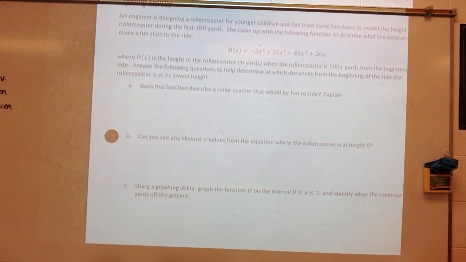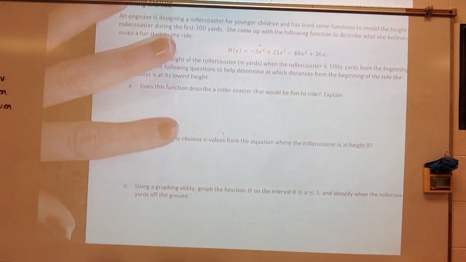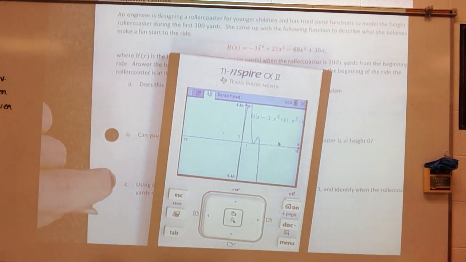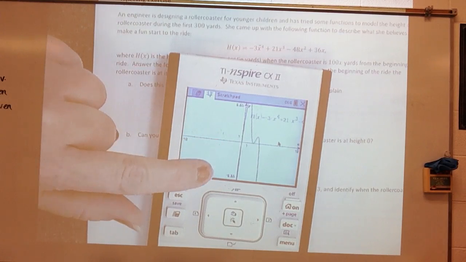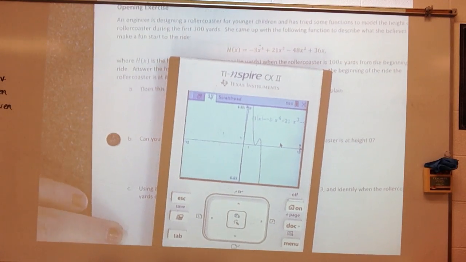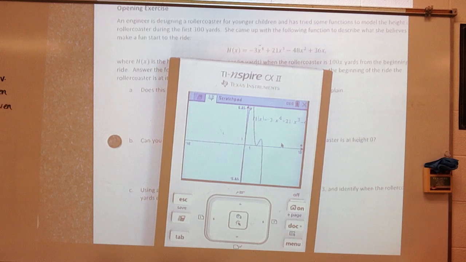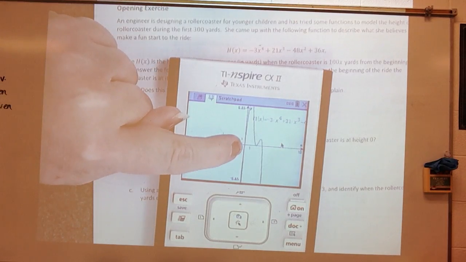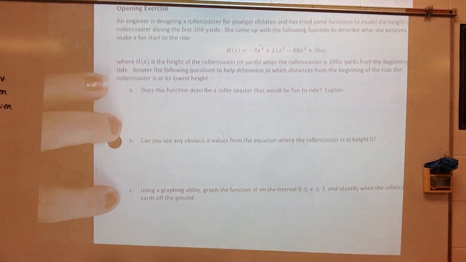Can you see any obvious x values from the equation where the roller coaster is at the height 0? In other words, I want to know, can I look at this and see any place that x would be equal to 0? The height is 0 where x is 0. If you look, you can see it crosses at 0, 0.